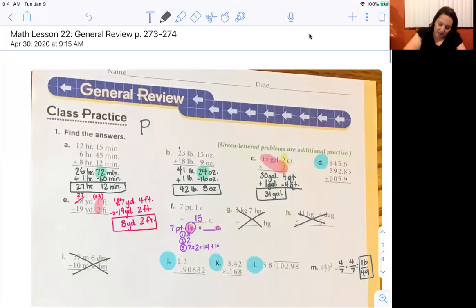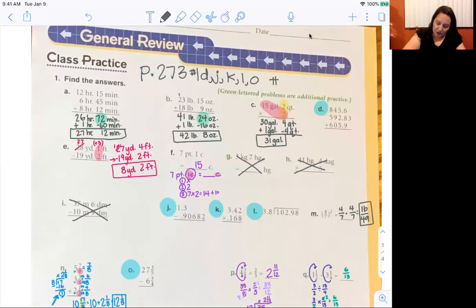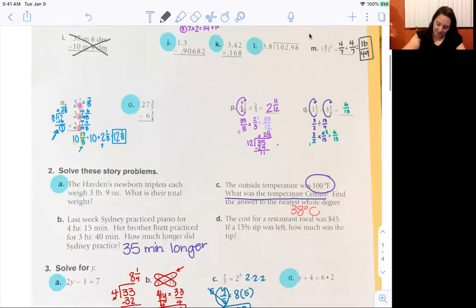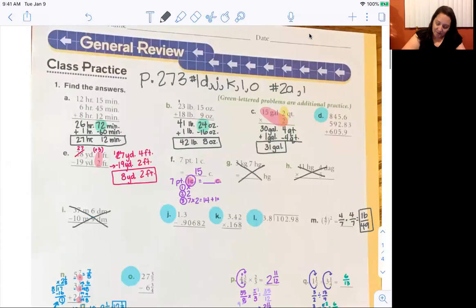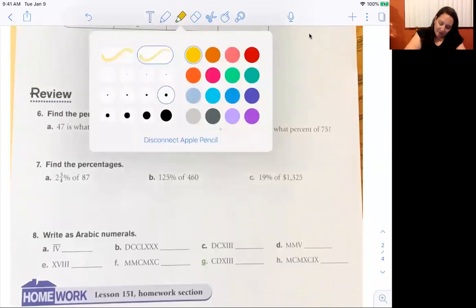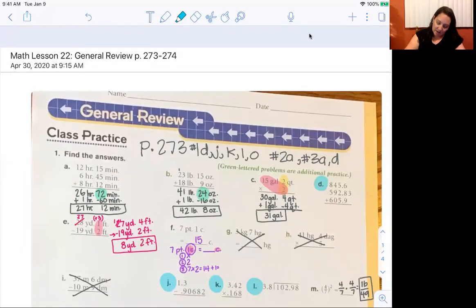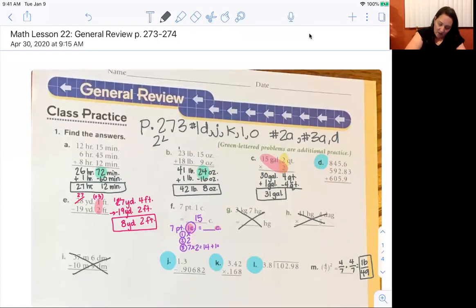Page 273, numbers 1, D, J, K, L, O. Okay, number 2A, 3A and D, and then, oh yes, and then I would like you to do B and C. So the next page, page 274, number 6, B and C.